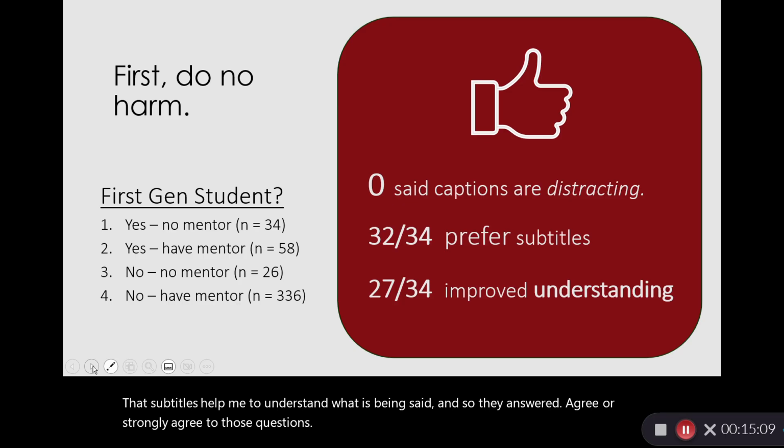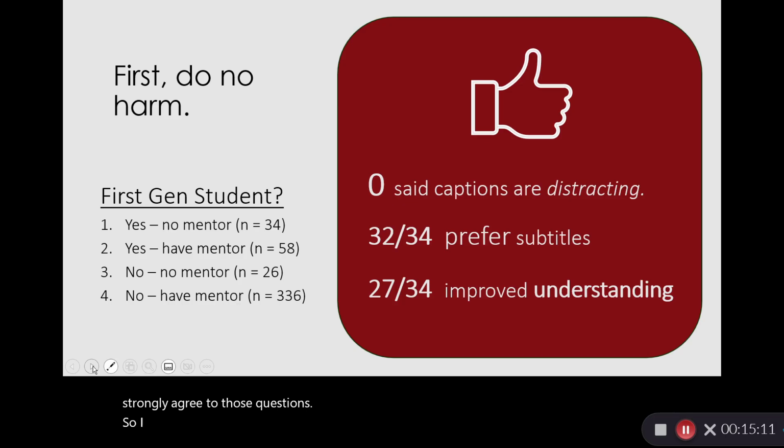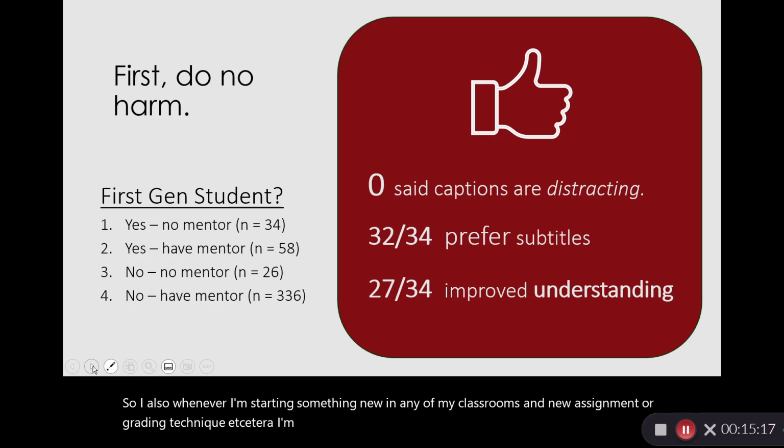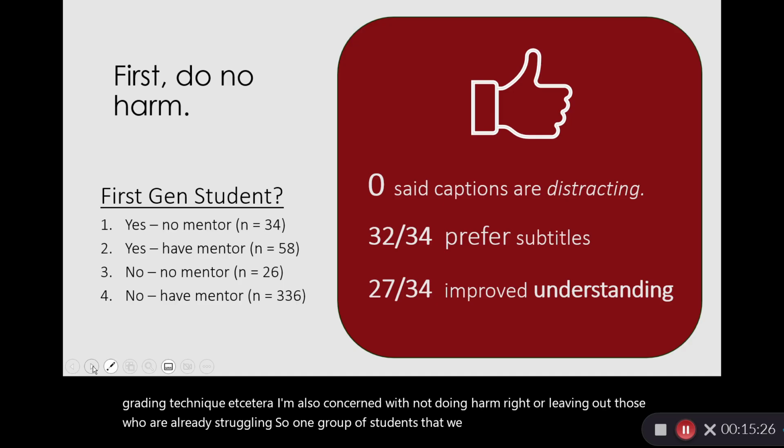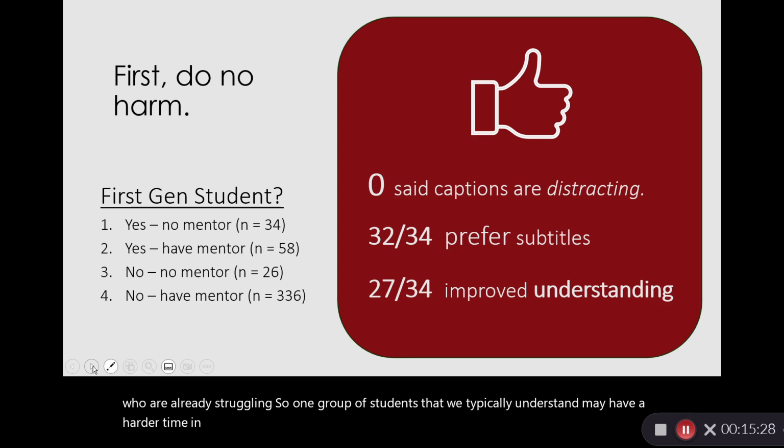So whenever I'm starting something new in any of my classrooms, a new assignment or grading technique, I'm also concerned with not doing harm, right? Or leaving out those who are already struggling. One group of students that we typically understand may have a harder time in college is first generation students.